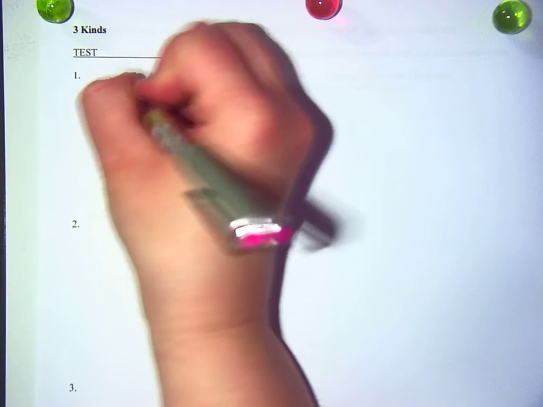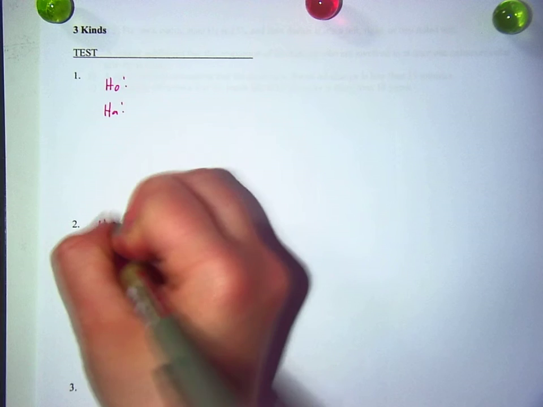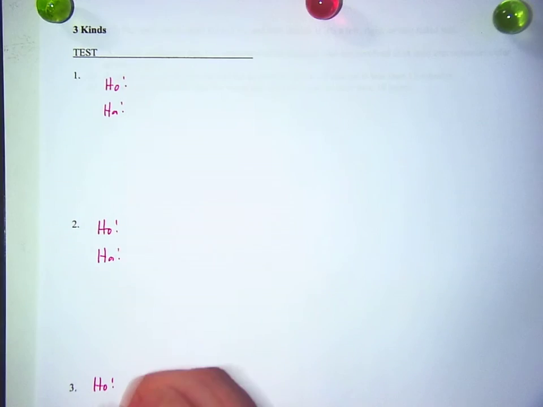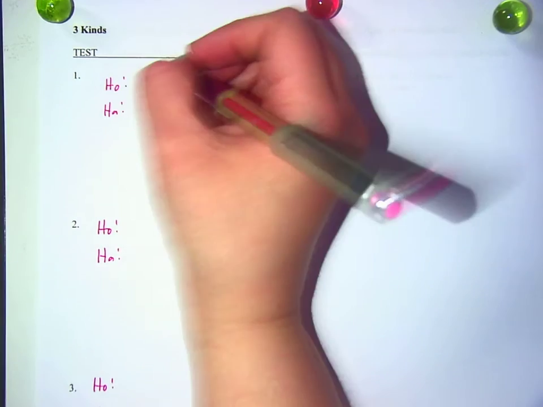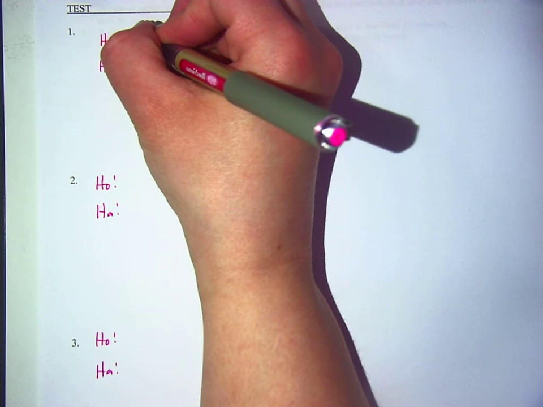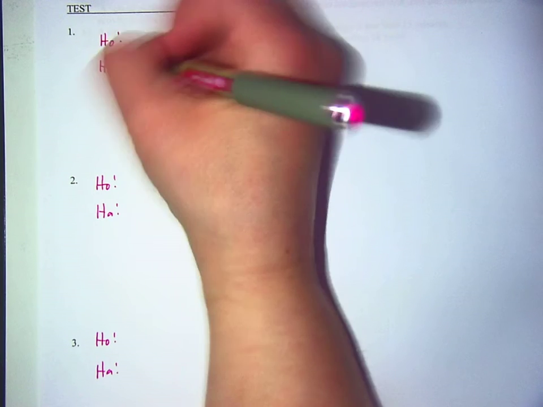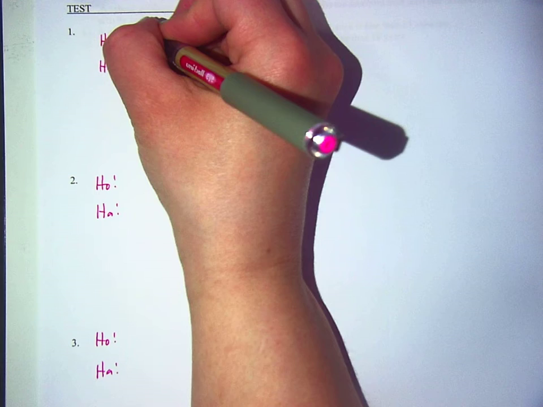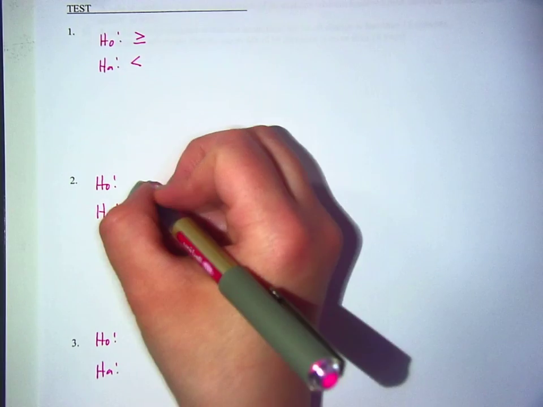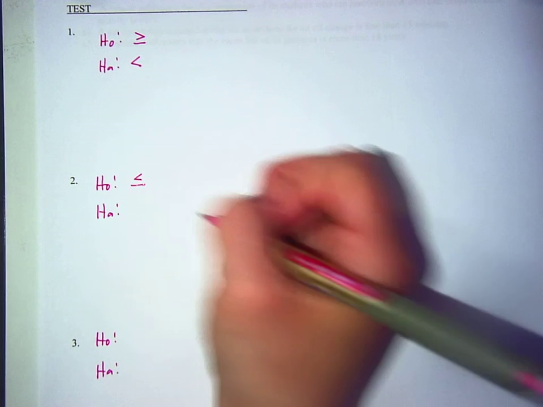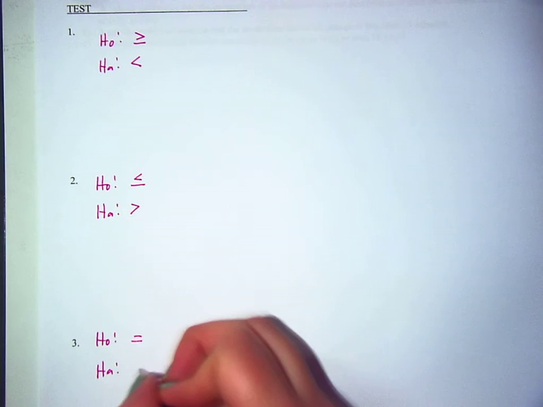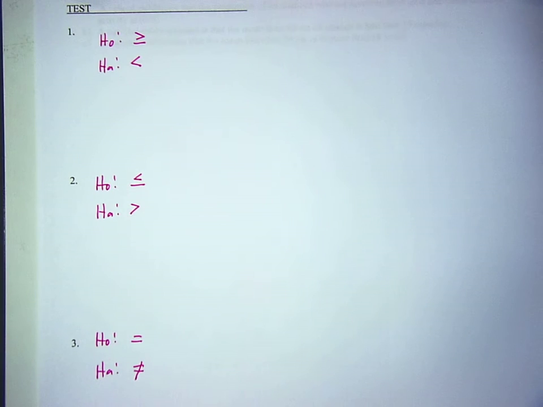Let's see, we've got H sub O, H sub A. For the first one, the H sub O is greater than or equal to, and the H sub A is less than. For the second one, the H sub O is less than or equal to, and the H sub A is greater than. And the third one, H sub O is equal to, and the H sub A is not equal to. Those are the 3 options.